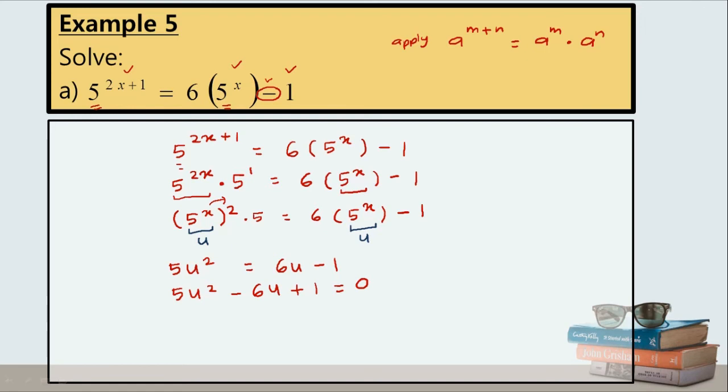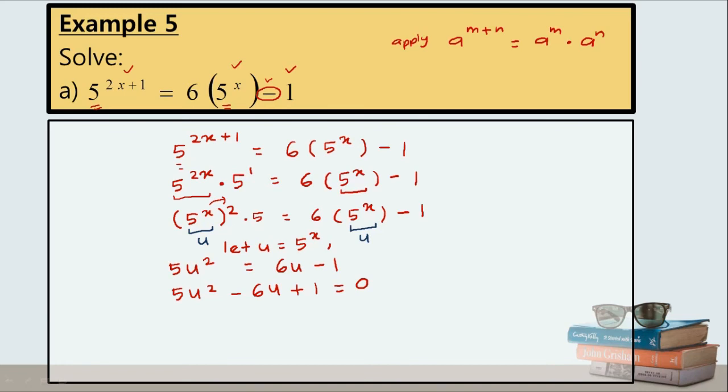Okay, when you have 5u squared minus 6u plus 1 equal to 0, don't forget to write let u equal to 5 to the power of x. Okay, so now we have 5u squared minus 6u plus 1 equal to 0.